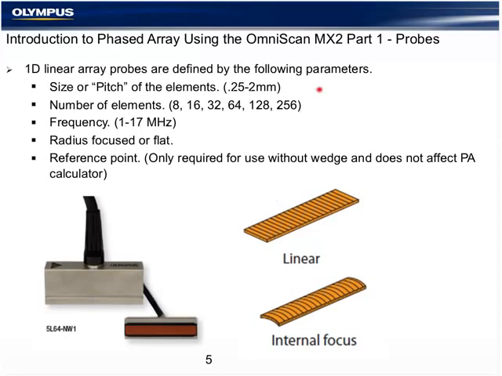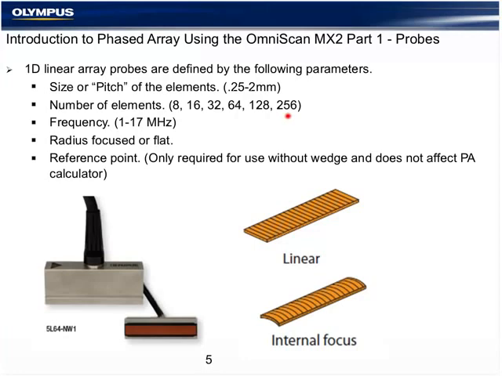The probes come in common element categories designed for the instrumentation, which are typically 16, 32, and 64. The overwhelming majority of those. In large industrial systems, the instruments have the capability of managing up to a 128 or 256 element array.